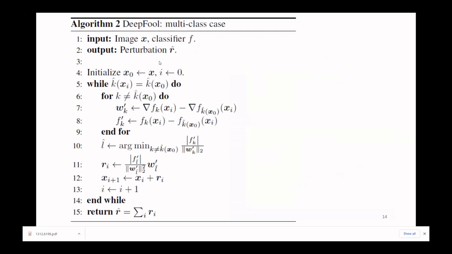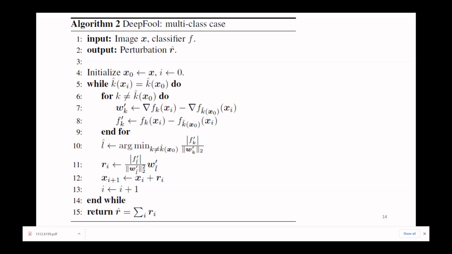And here we see the final version of the algorithm. It iterates as long as the estimated label is not changed. Here it finds the decision boundary between the estimated class and all others.